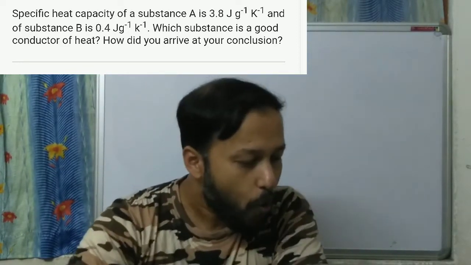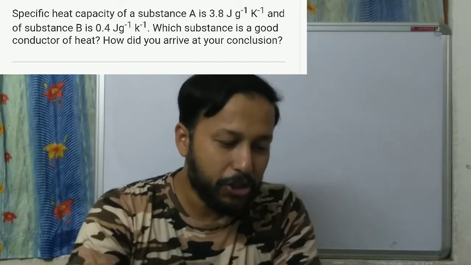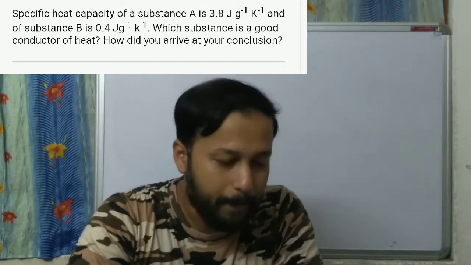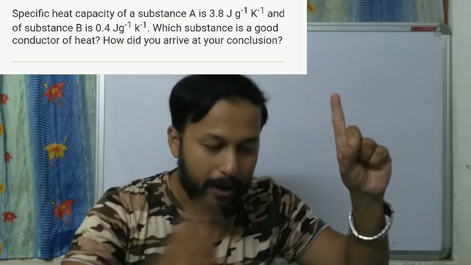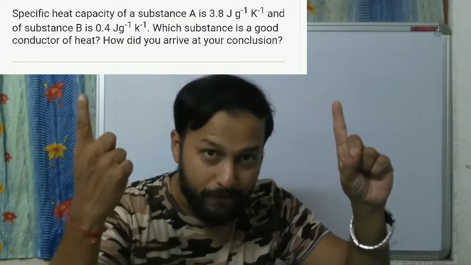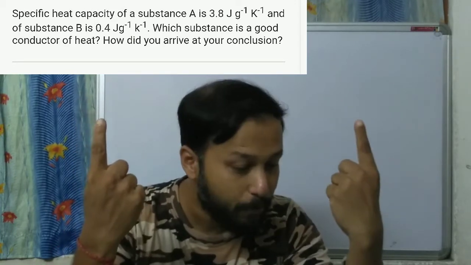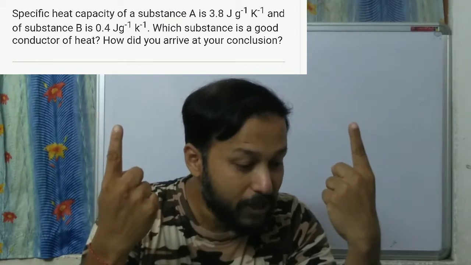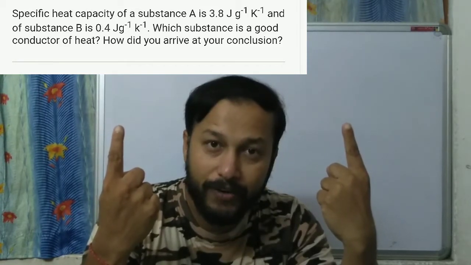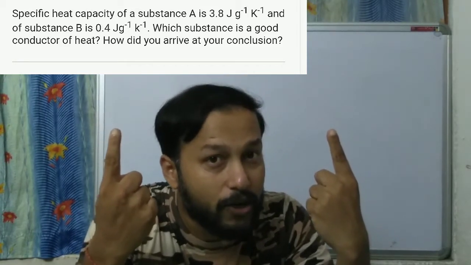So here the specific heat capacity of the first substance A is 3.8, and B is 0.4. Which substance is the good conductor of heat?